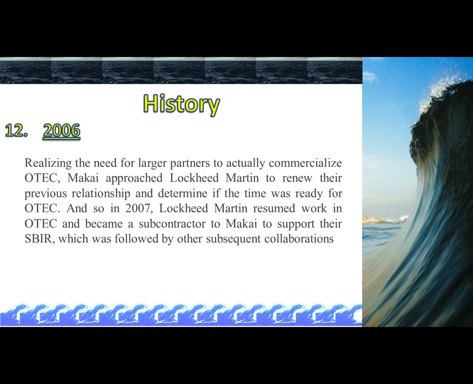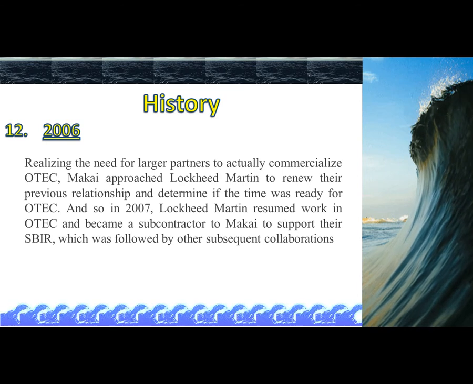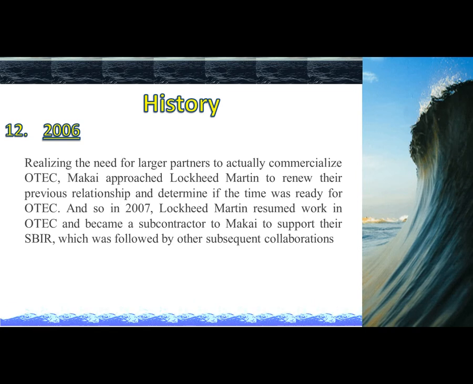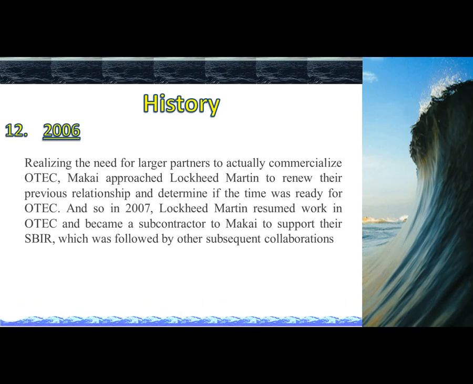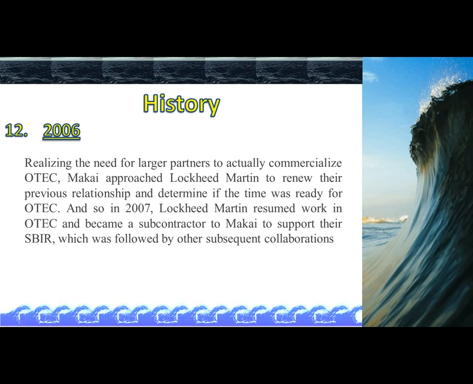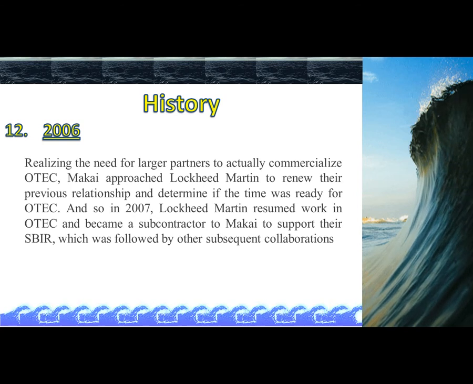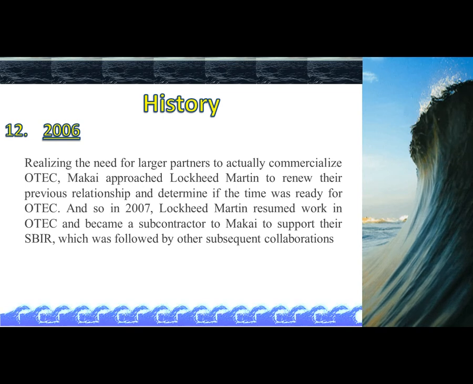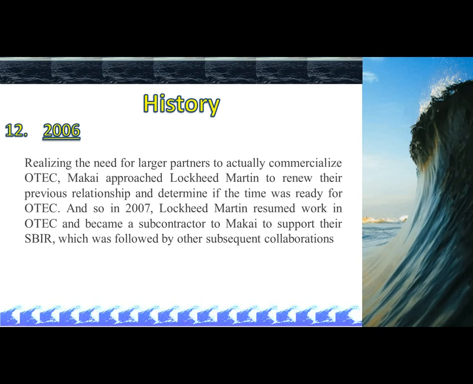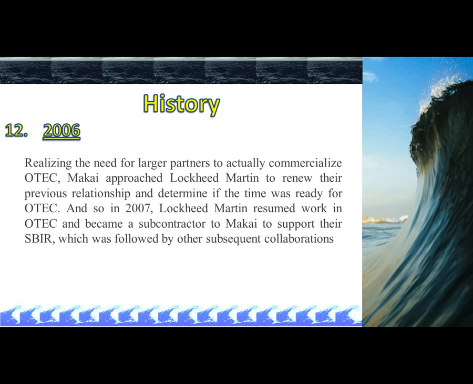In the same year, realizing the need for larger partners to actually commercialize OTEC, Makai approached Lockheed Martin to renew their previous relationship and determine if the time was ready for OTEC. And so, in 2007, Lockheed Martin resumed work in OTEC and became a subcontractor to Makai to support their SBIR, which was followed by other subsequent collaborations.